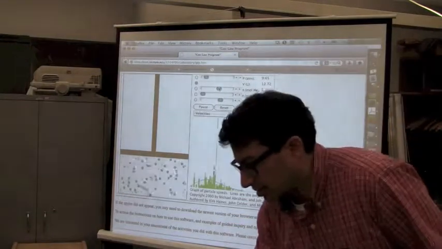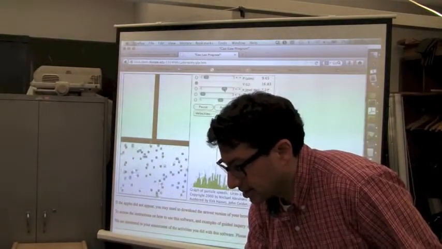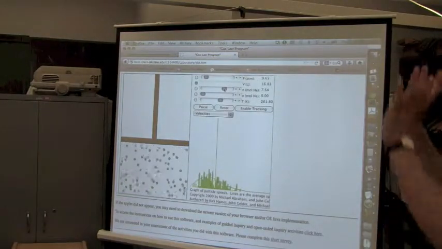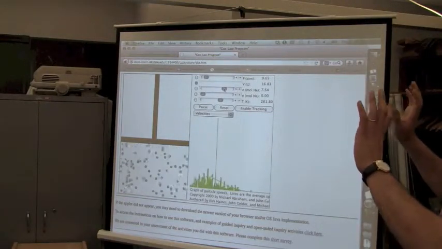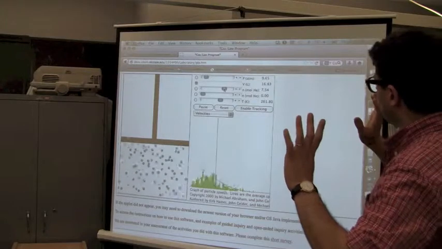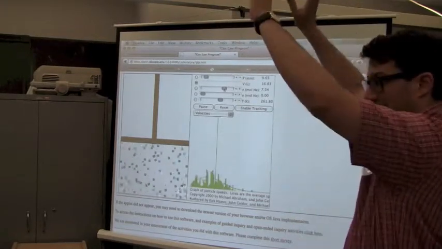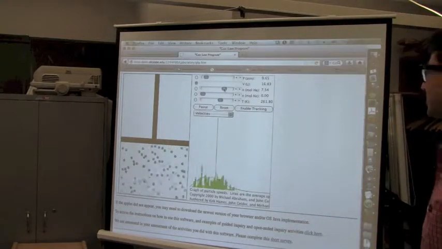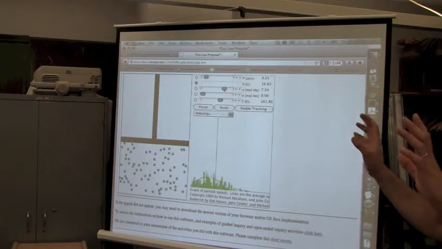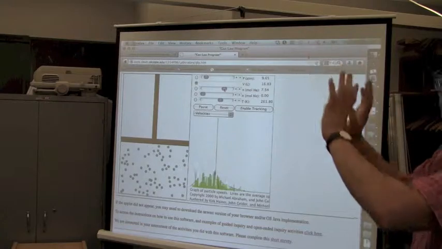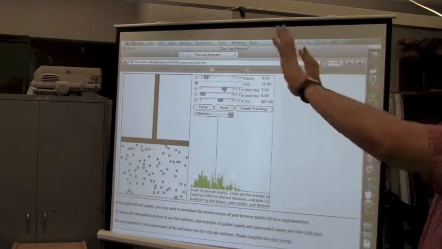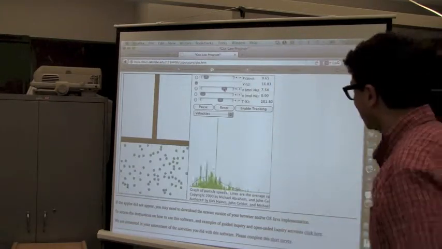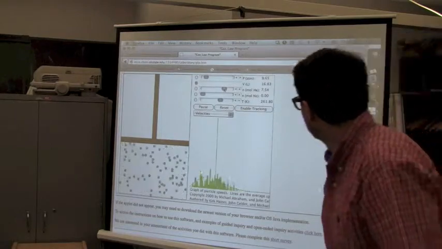Let's do it with this one. If I increase the number of molecules, you can see that for the same amount of pressure, it makes a bigger volume. It pushes harder to push out on the piston. Why is that? If I've got twice as many guys that are pushing, there's twice as much opportunity to give it a shove up there.